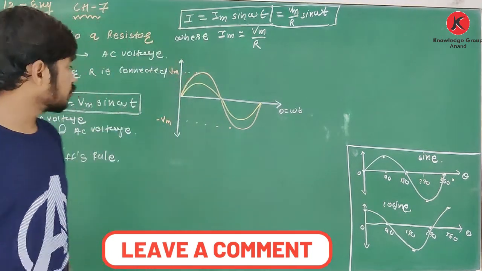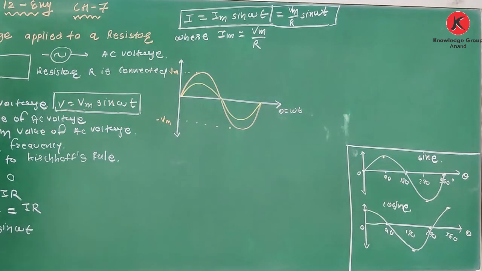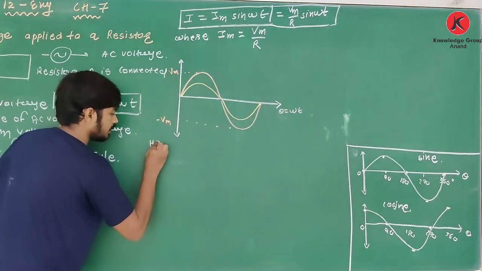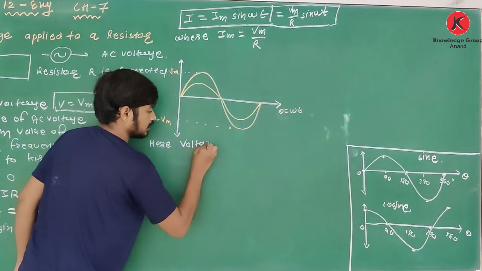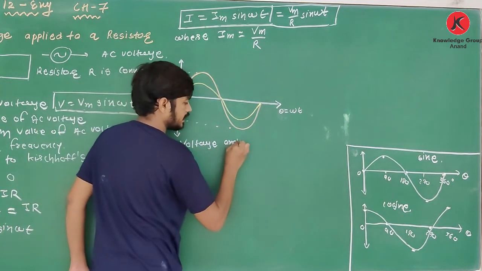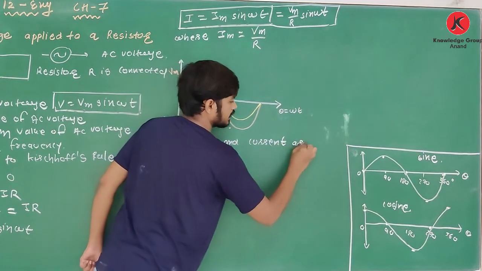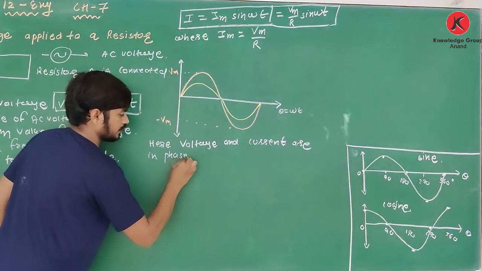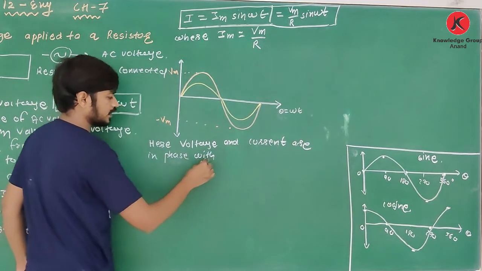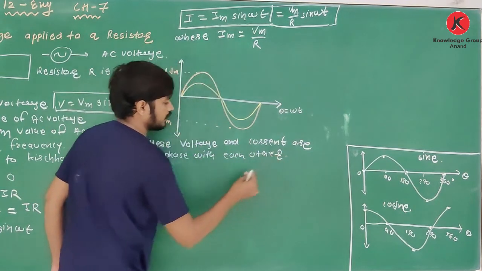Clear about this? So from the equations and from the graph, you can say that voltage and current are in phase with each other. They have the same phase.